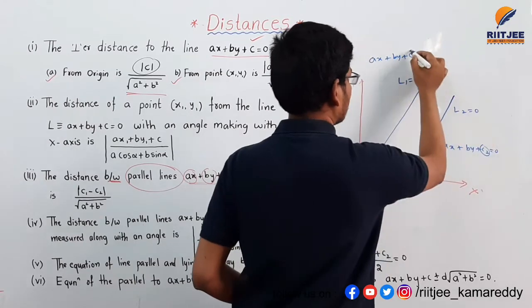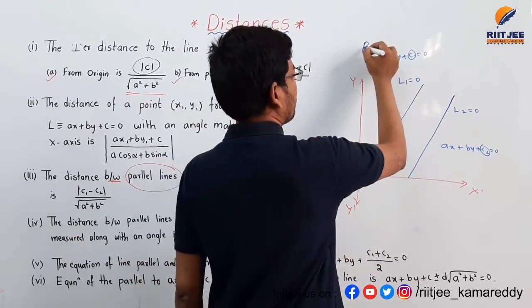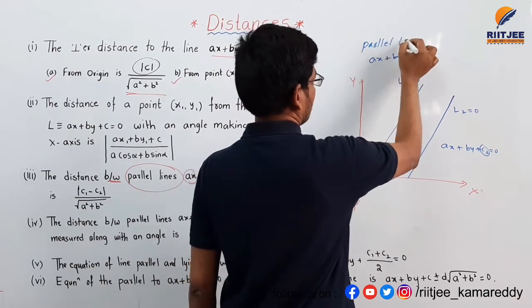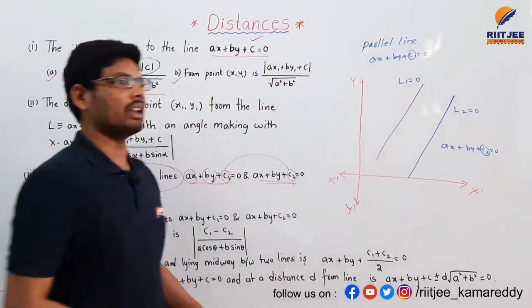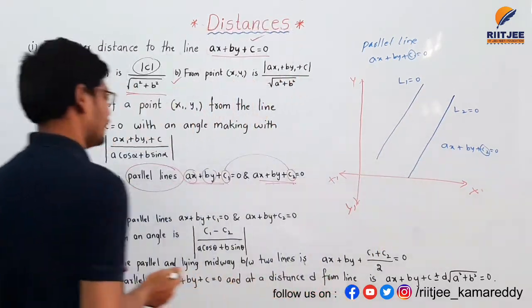Here only the constant changes. Why? Because these two lines are parallel lines. Parallel lines are nothing but lines having equal distance between them anywhere along a line.